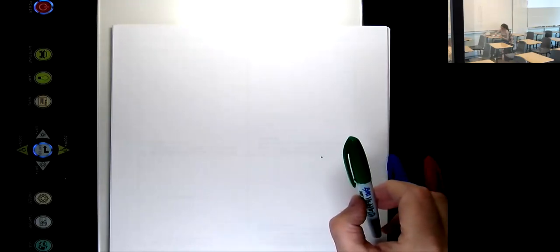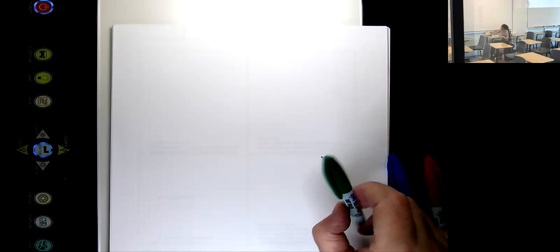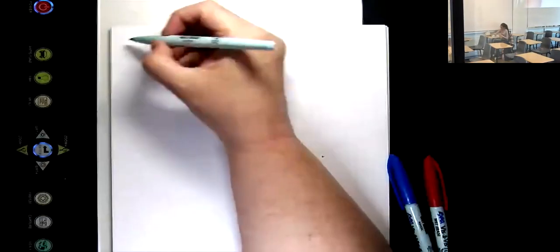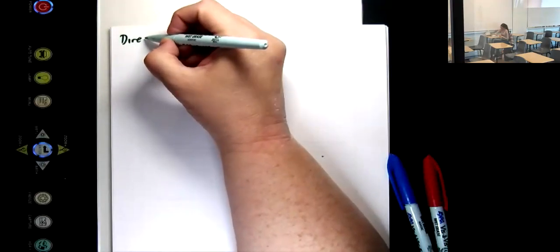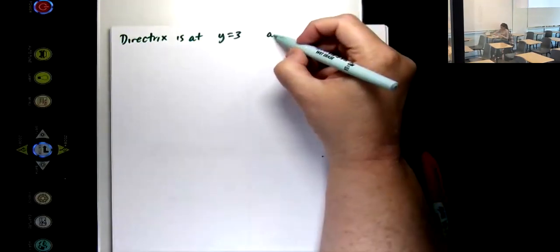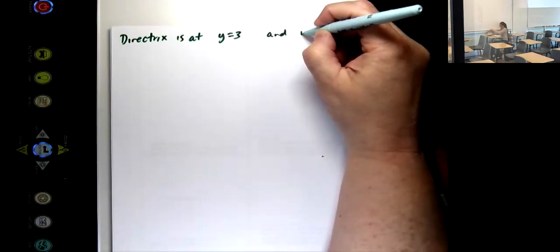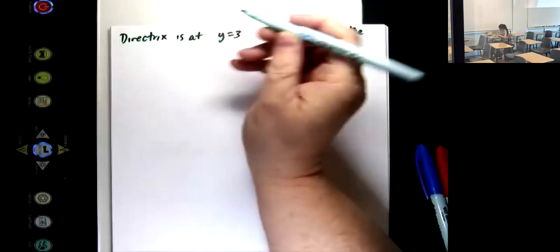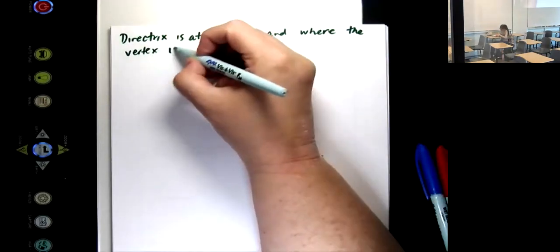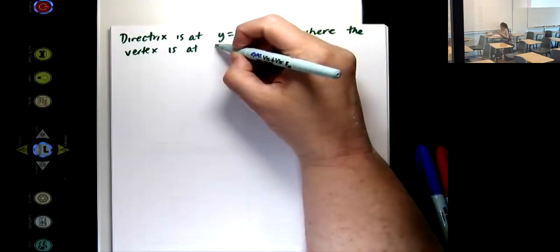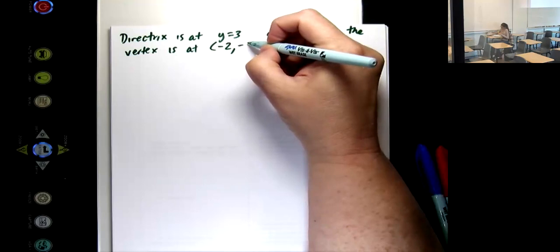Let's try another one. Let's say our directrix is at y equals 3, and the vertex is at (-2, -1).